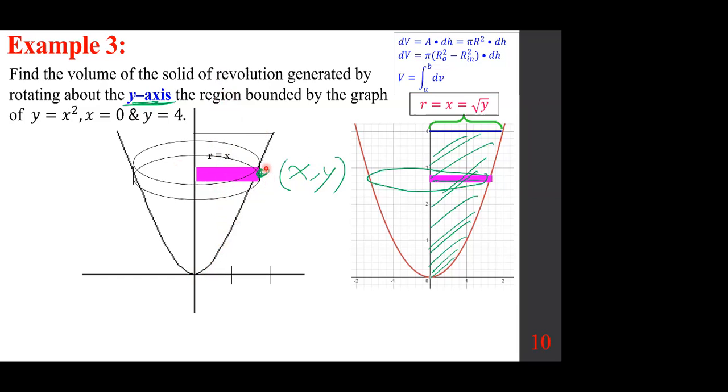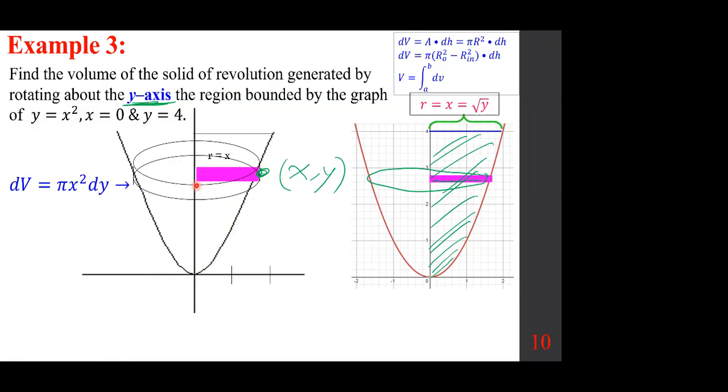That means this is dy, everybody. So pi r squared, we figured out that r is x. And so from here, what is x? Square root of y. And we figured out that dh must be dy. The thickness, everybody, is dy.